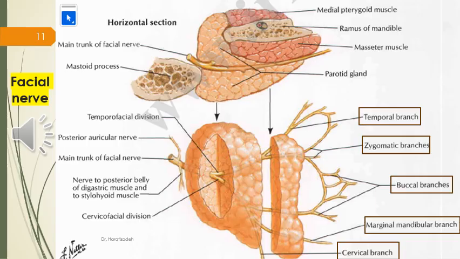So we can conclude that some suprahyoid muscles are innervated by the facial nerve. These muscles are the posterior belly of digastric muscle and stylohyoid muscle. And in addition, mimetic muscles or facial muscles are innervated by the facial nerve.